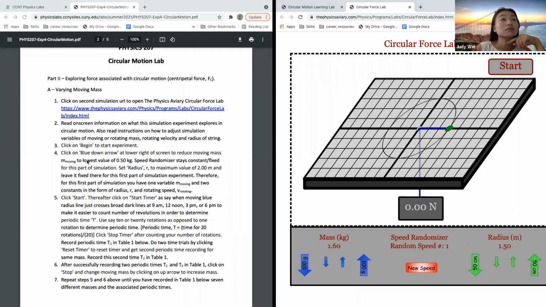Click on the blue down arrow at the lower right of the screen to reduce the mass to the lowest value of 0.5 kilogram. Okay, 1.5 kilogram. The speed randomizer stays constant or fixed for this particle simulation. So this one has a random speed, but it's fixed. It's constant.